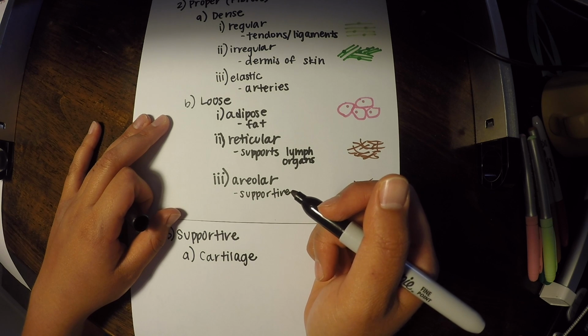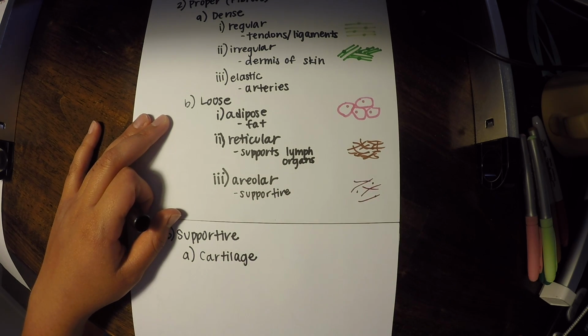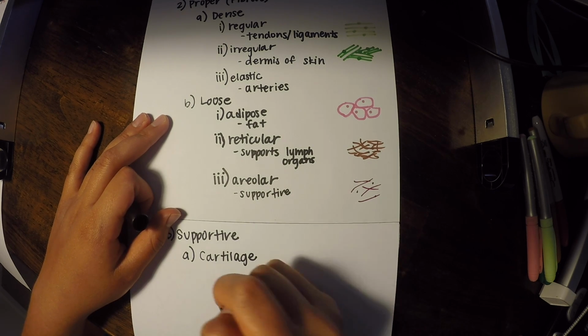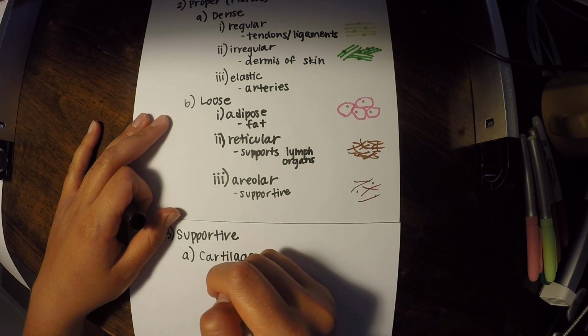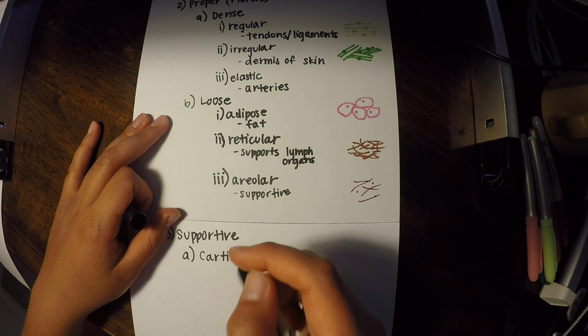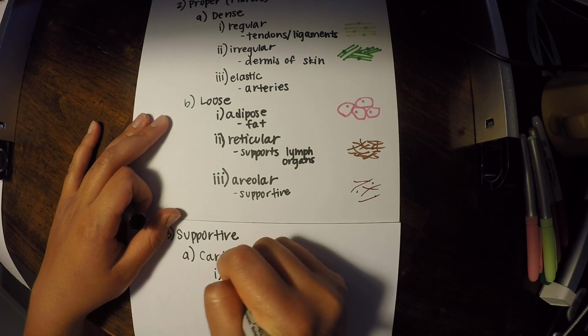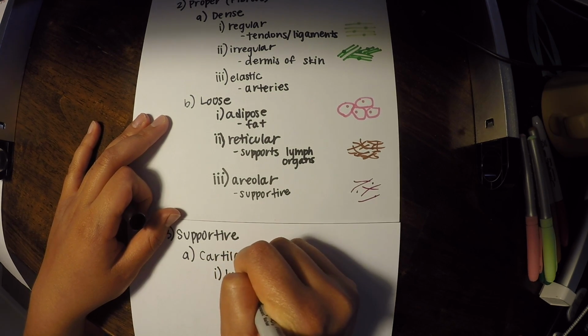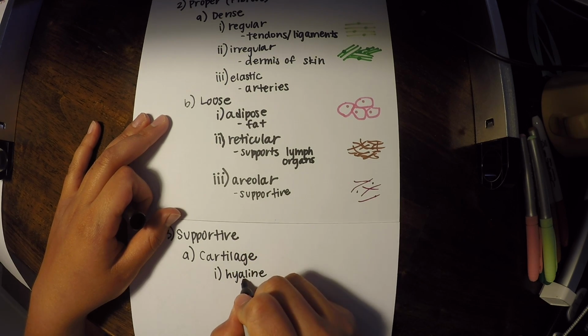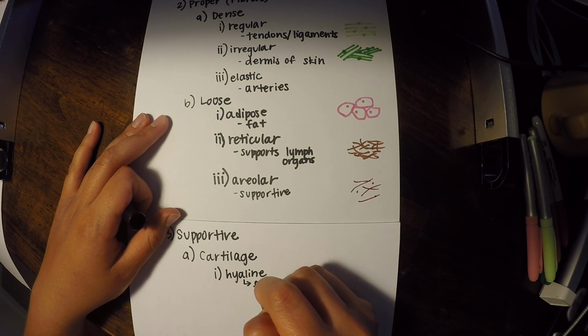And there are a few different types, so we're going to look into that briefly. We're going to have hyaline cartilage, which is firm.